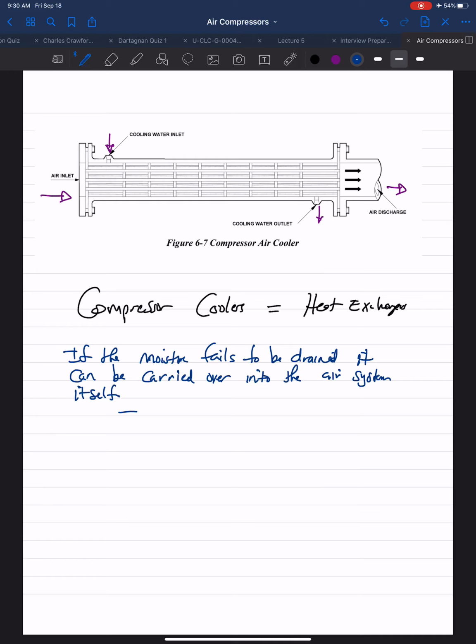This can cause, as we said before, water hammer, corrosion, equipment damage, and failure of equipment.